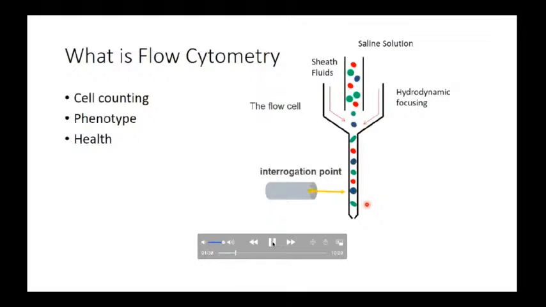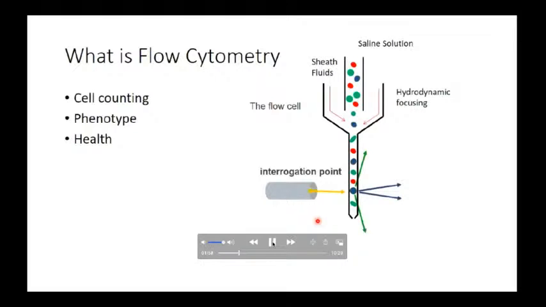First is the forward scattering, which is the light scattered in an acute angle to the forward direction, and the side scattering, which is the light scattered in every other direction, in side directions.